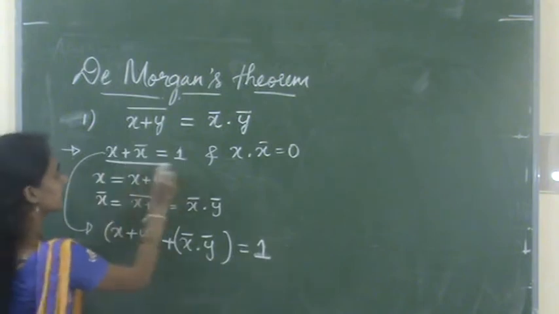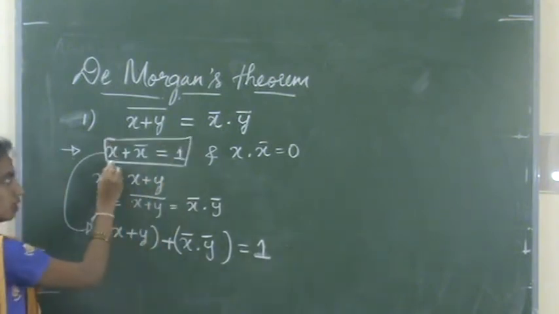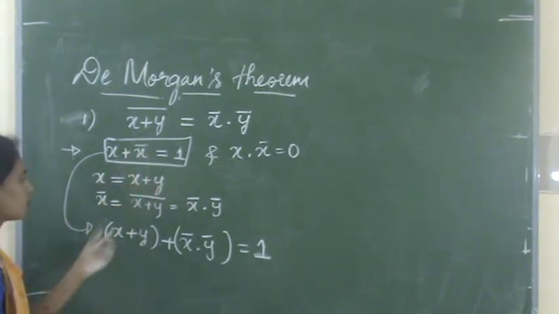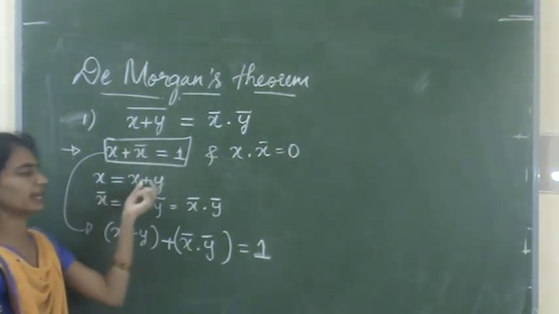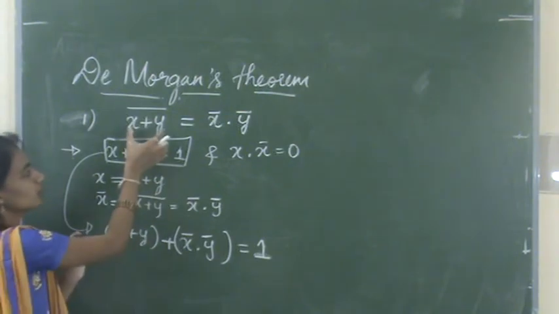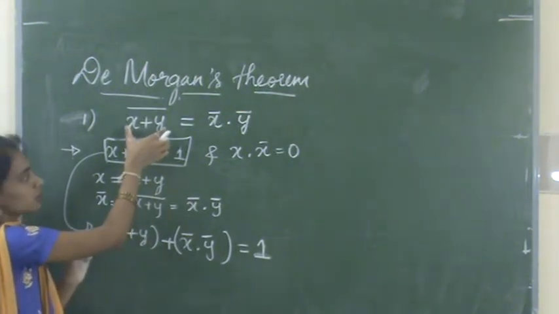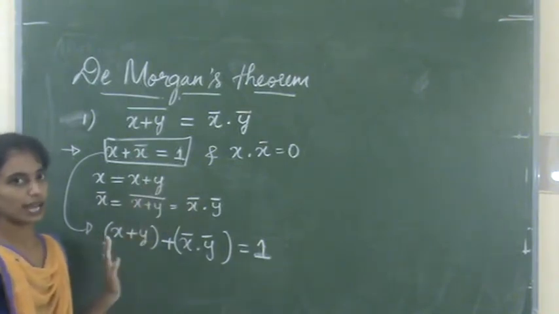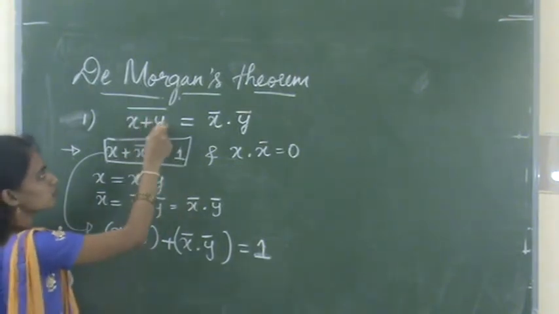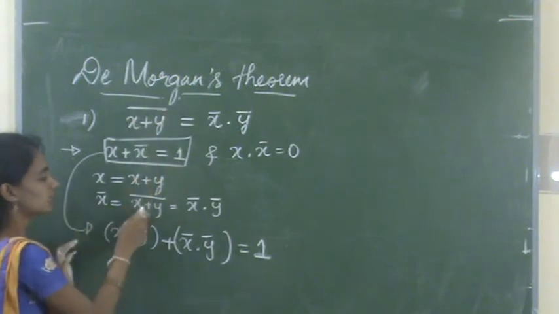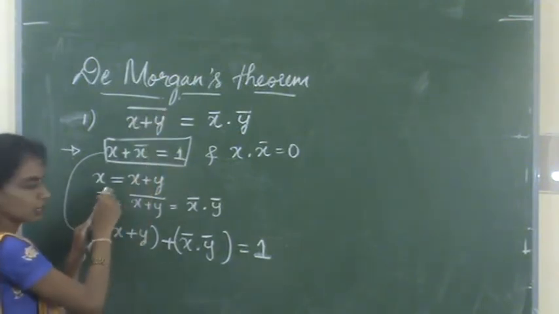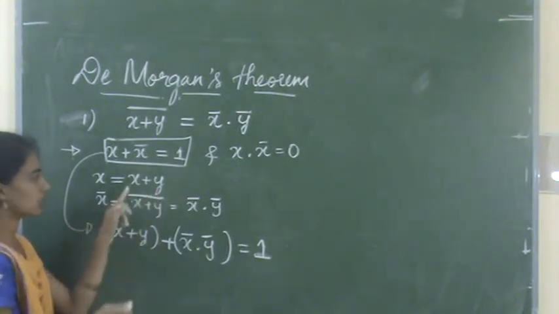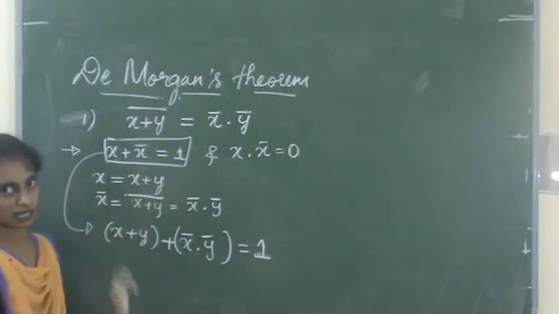I am taking this equation and substituting the x value and x bar value. Why do I take x equal to x plus y? Because if x plus y whole bar is x bar, then x is x plus y only. That's why I am taking x equal to x plus y.